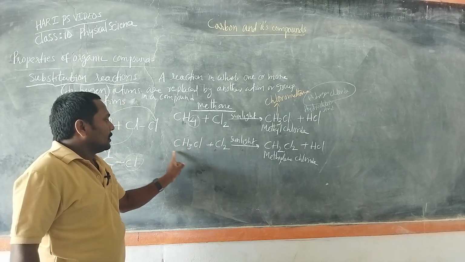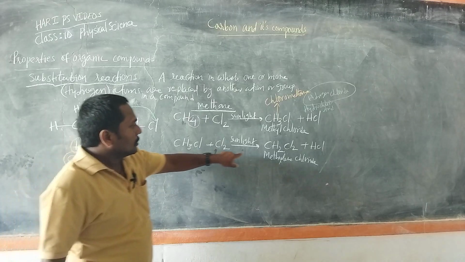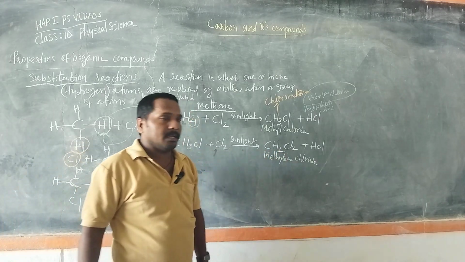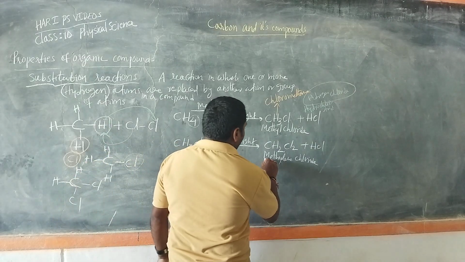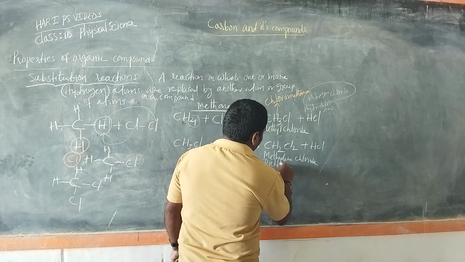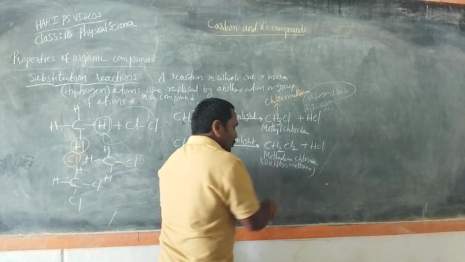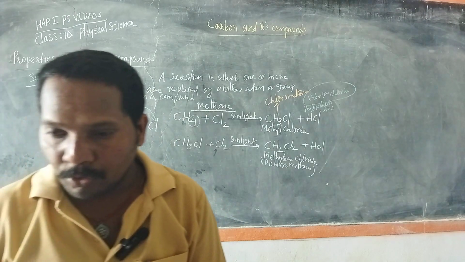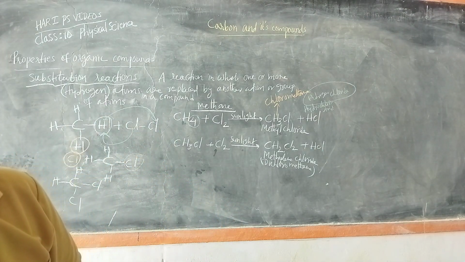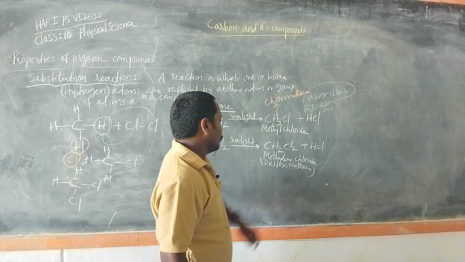From CH3Cl, the second hydrogen is also replaced with chlorine. So we can write CH2Cl2. This is called methylene chloride or dichloromethane.